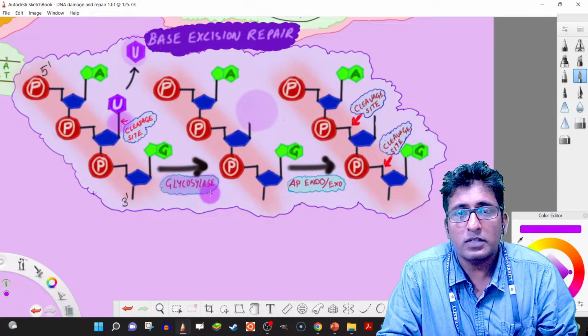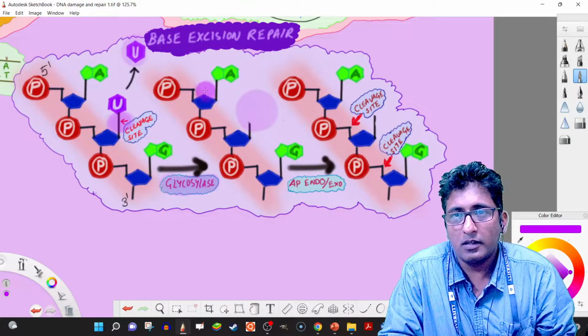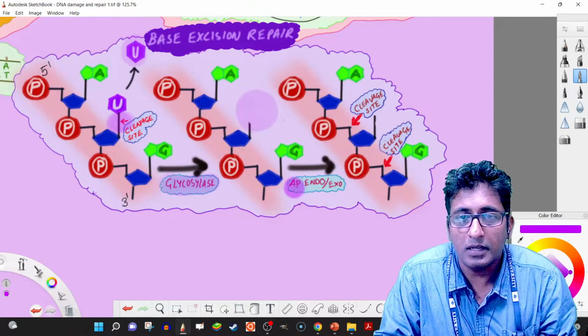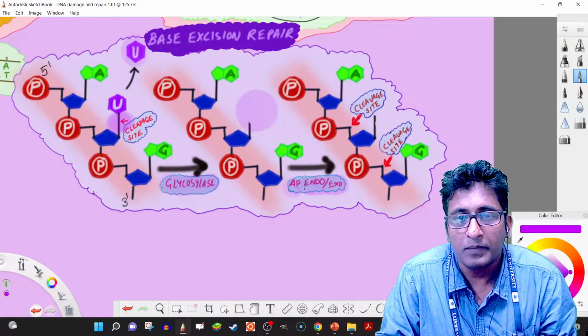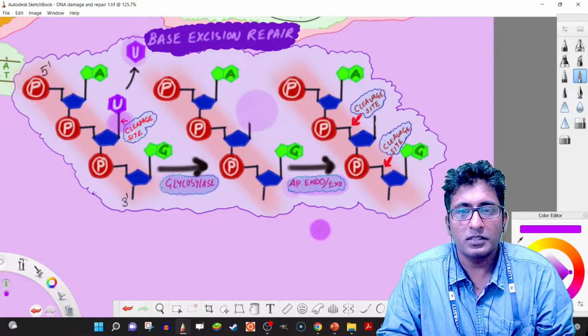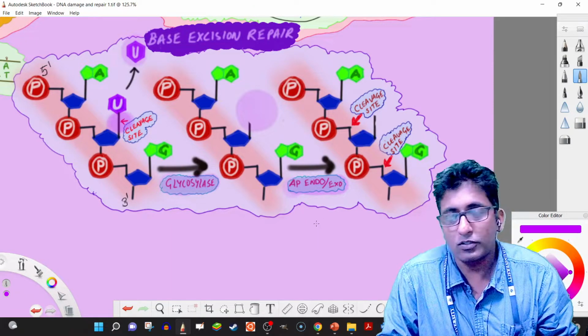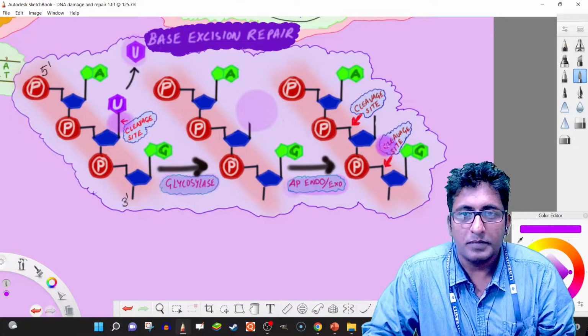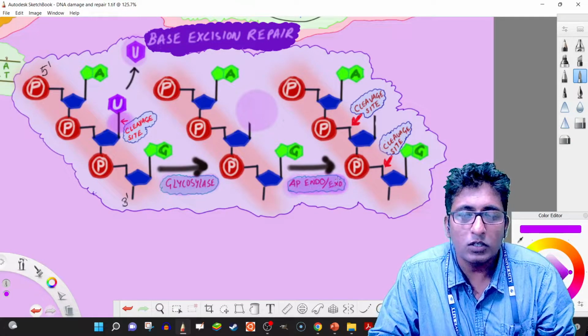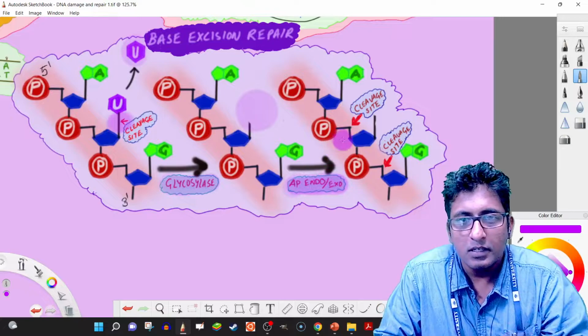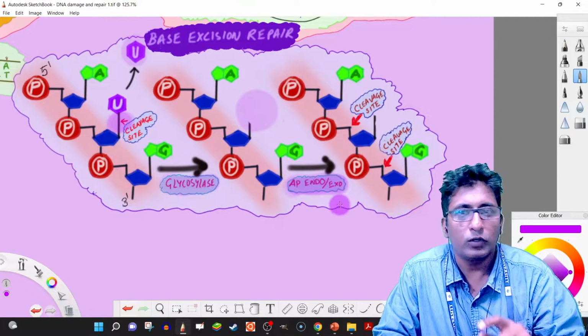Once the glycosylase releases the uracil and moves away, then there is another enzyme called AP endonuclease exonuclease. You can call it apyrimidinic endonuclease. It doesn't matter, but AP endonuclease. So it has two activities. First one is it has an endonuclease activity.